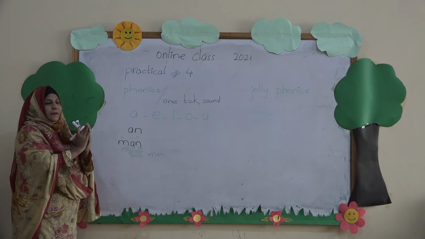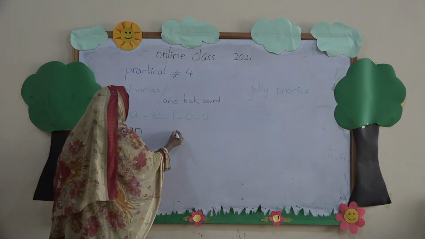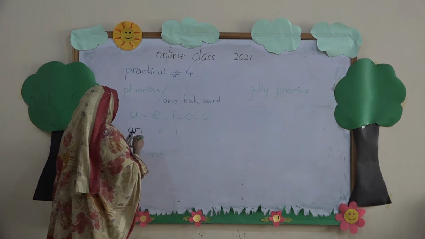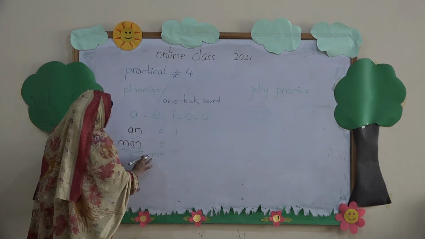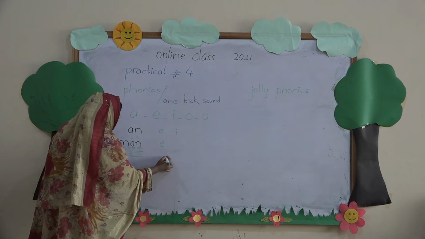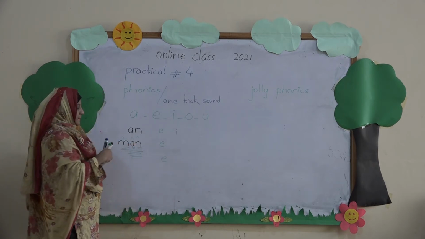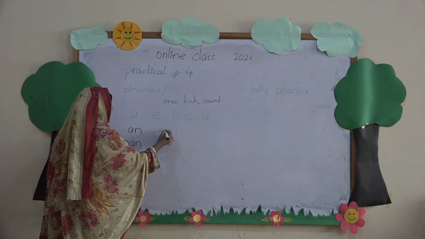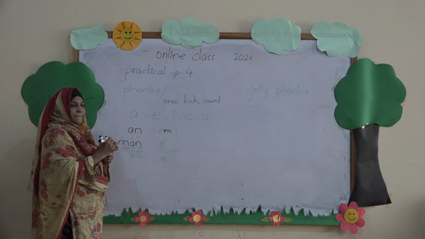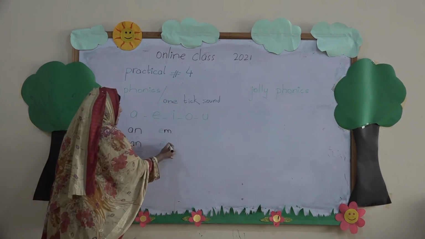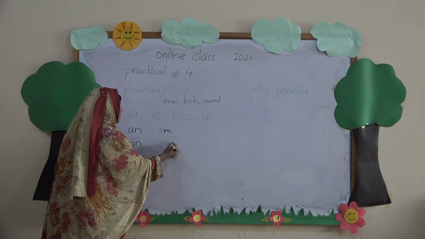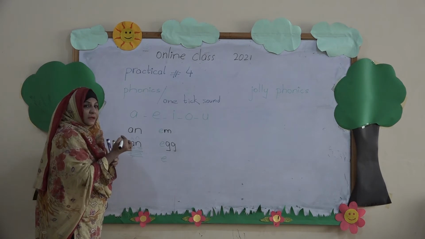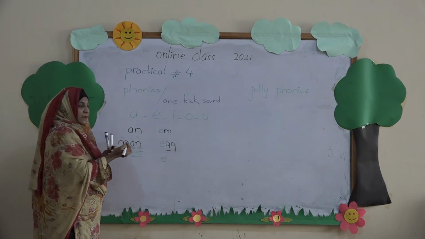The blending. We have the sound E here. Let's take A, your choice. A as initial. A as middle. A, G, egg.